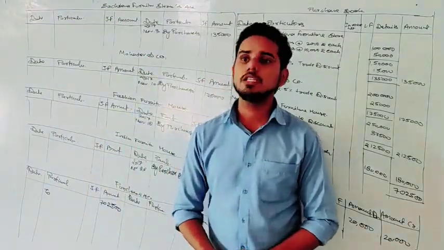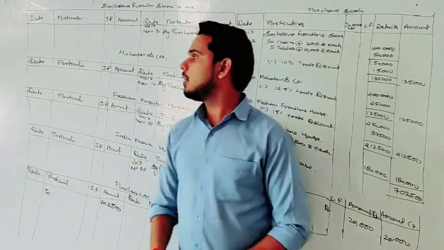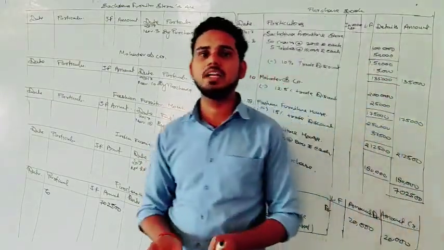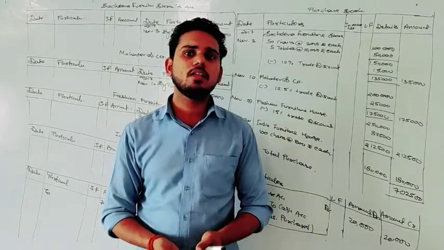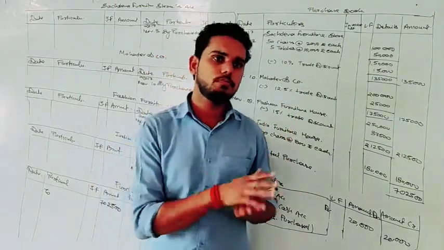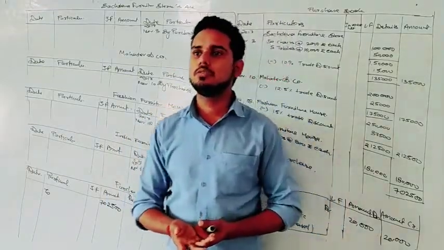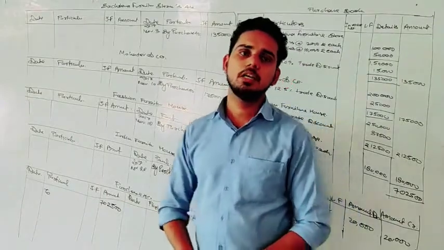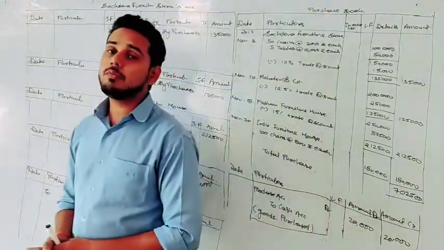But the thing here is, what will we write? We cannot write the name of all the parties, because if you have to write the name of all the parties, then what is the point of preparing a purchase book? You can do that while preparing the journal also. So there is no point of writing the name of all the parties.